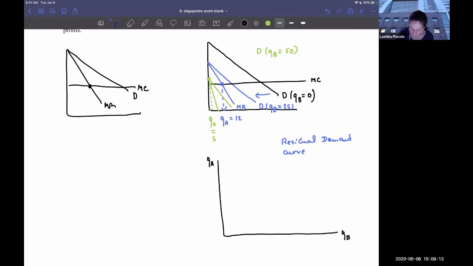This reaction curve gives you the optimal quantity QA that firm A is going to produce for all the possible quantity QB. Okay, so that's what we call the best response of firm A to the quantity produced by firm B.